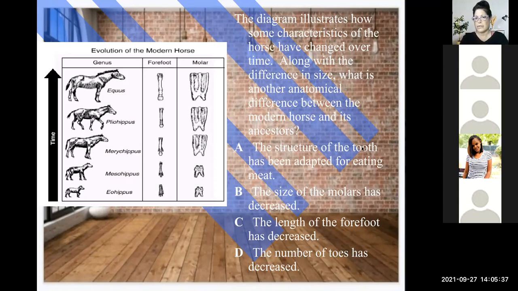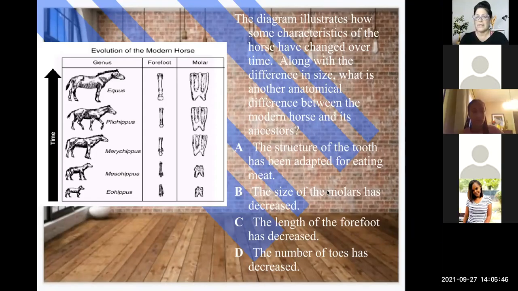So here, the structure of the tooth has been adapted for eating meat, right? Okay. The size of the molars have decreased. The length of the forefoot has decreased. So you have your forefoot here. This is over time, so these are going to be our oldest, and these are going to be our most recent, right?